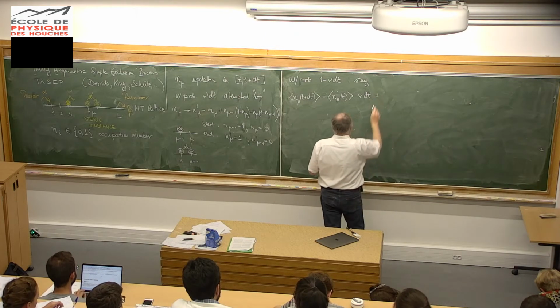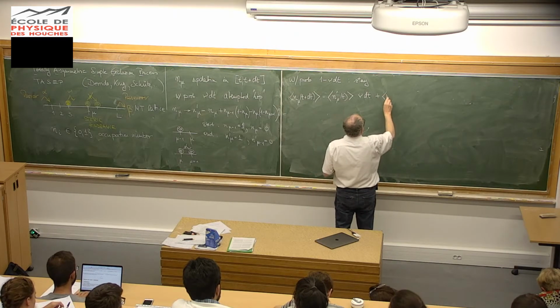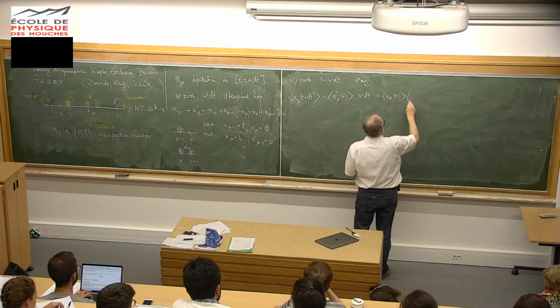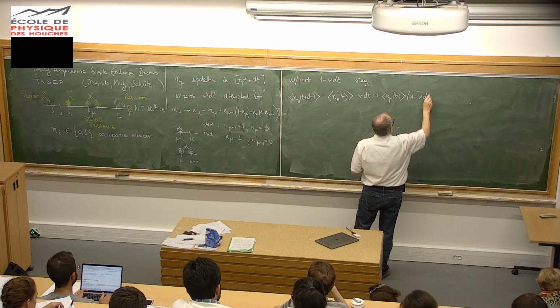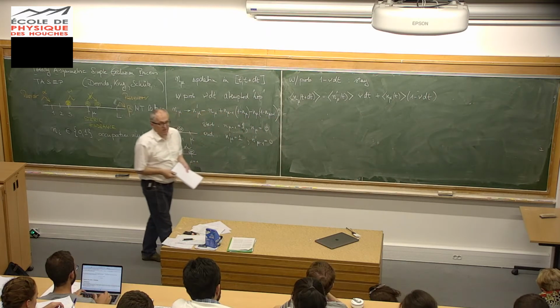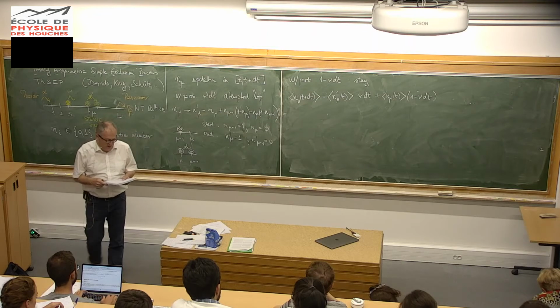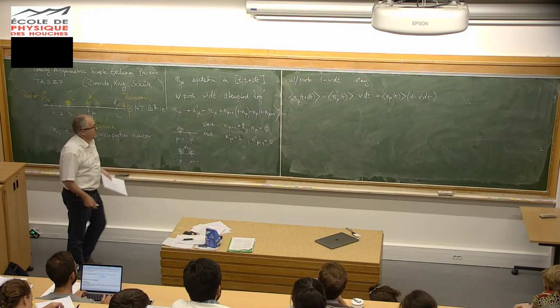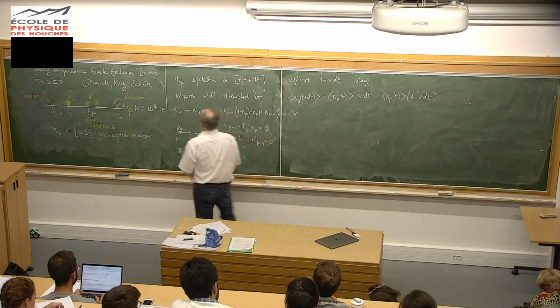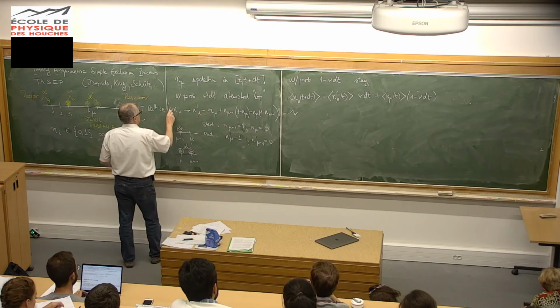So you stay where you are. That just means you have the same value with a probability 1 minus nu dt, right? And now you insert the expression which I wrote down. So let me call this here star.